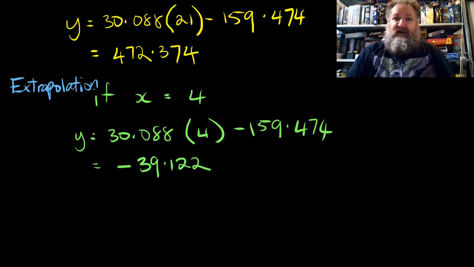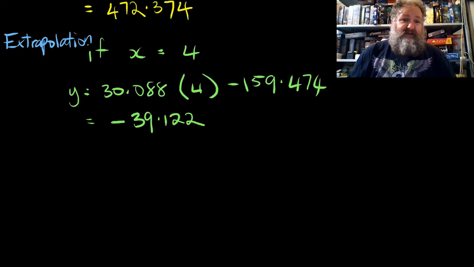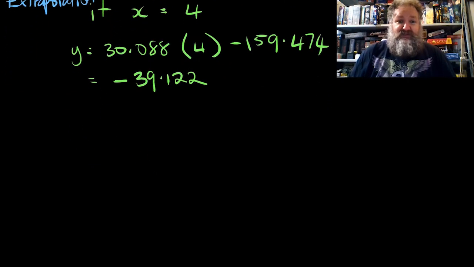I was curious, though, to see at what point, using our information, the shop actually makes money. So I thought about how you would do that. Well, you would have to consider when y is 0. When the actual money that they make is 0, what's the temperature? When do they break even, in other words?